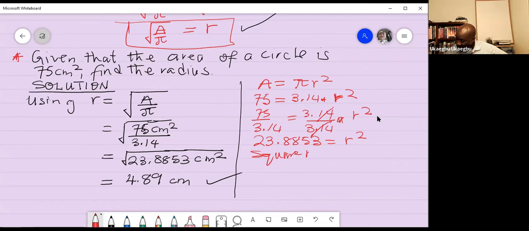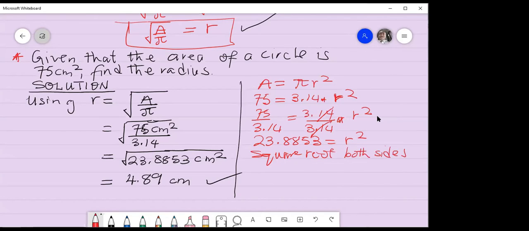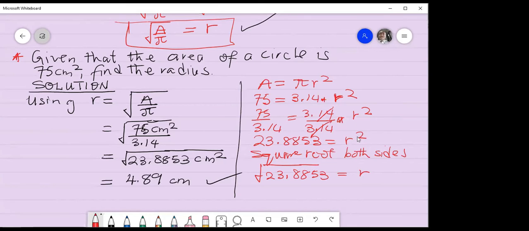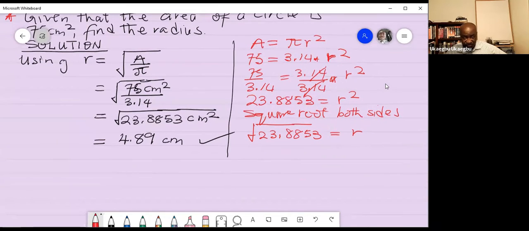Square root both sides. And this is going to give us square root of 23.8853 equal to radius. And when you punch in the number, it should give us the same 4.89 centimeters equal to radius. Okay?